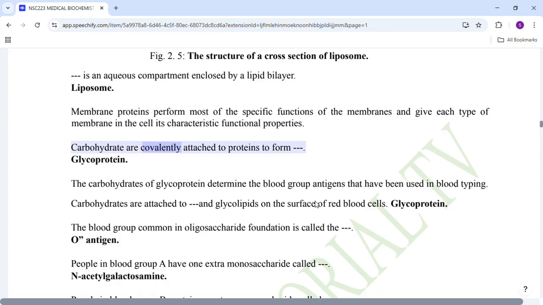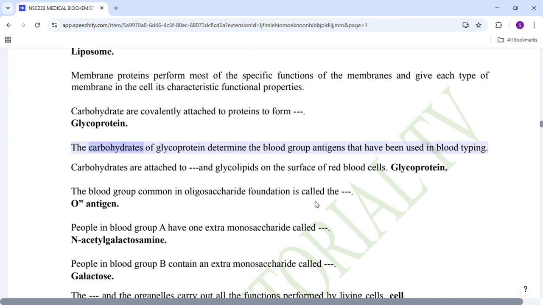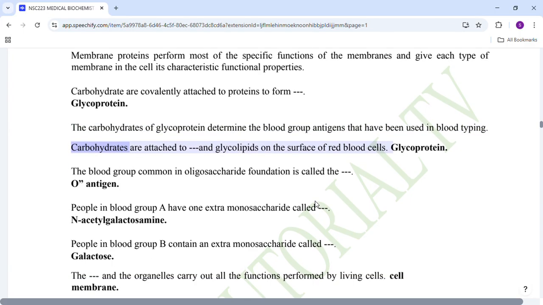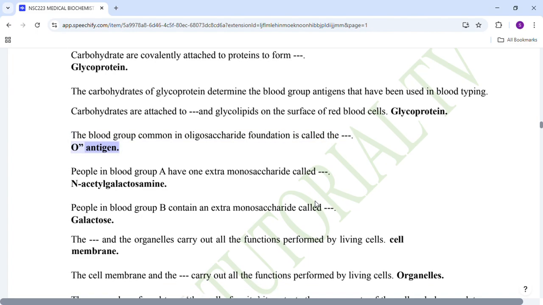Carbohydrates are covalently attached to proteins to form glycoproteins. The carbohydrates of glycoproteins determine the blood group antigens that have been used in blood typing. The blood group common oligosaccharide foundation is called the O antigen.